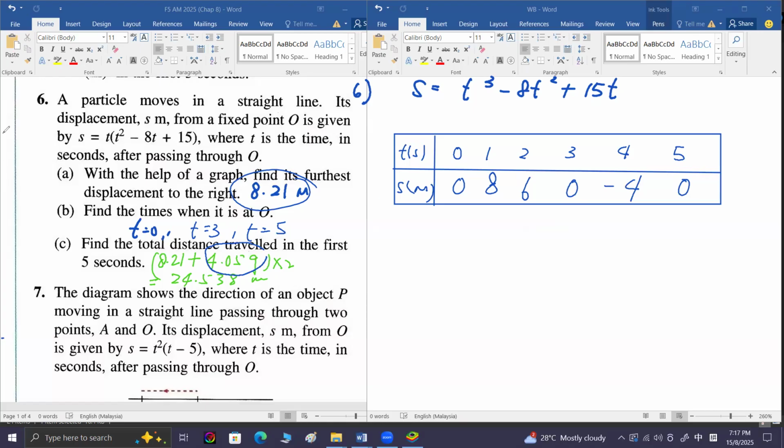Okay, now, class, just now I said I want to help you with the graph, right?